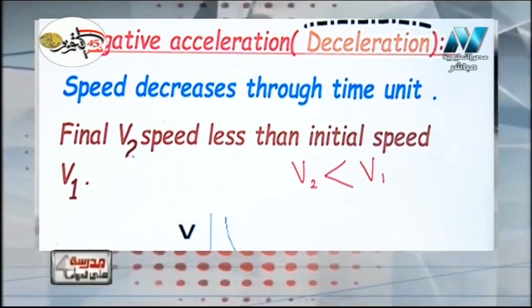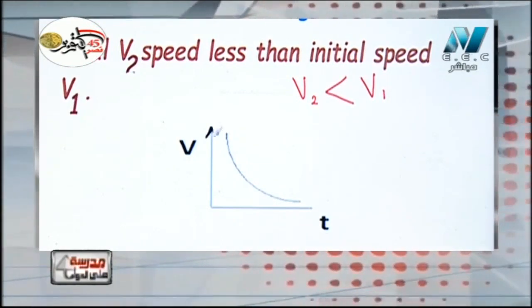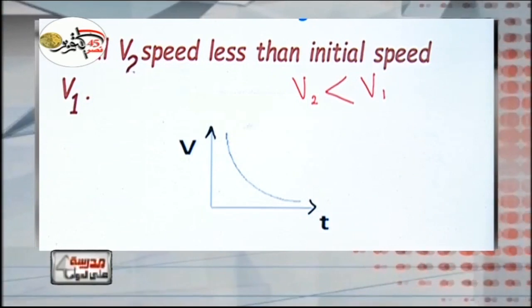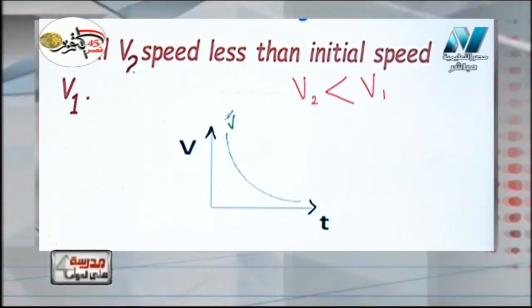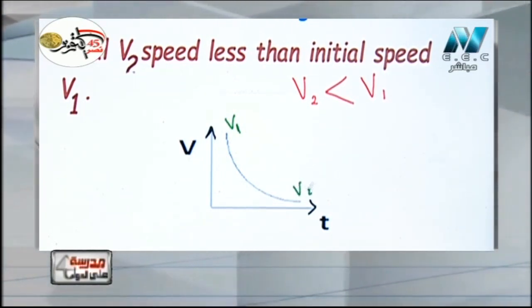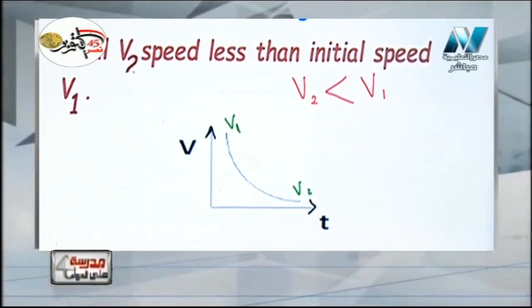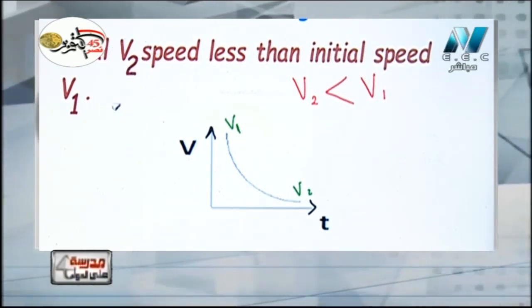As we have here two axes, one of them is for speed and here we have T as time. So here we write V2, or what? No, V1 greater than V2. Which means the speed decreases as time passes. Maybe we use the brakes to decrease the speed as time passes.